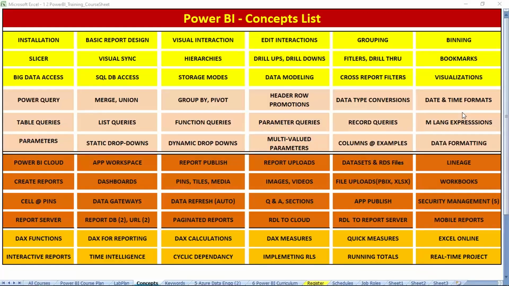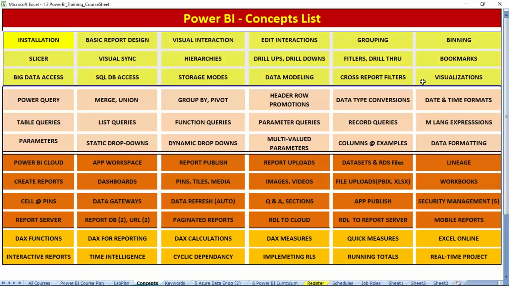And this is a complete concept list. We are going to hit 4 half centuries. Report basics, we'll do 50 items. All Power BI basic vocabulary, good number of scenarios.